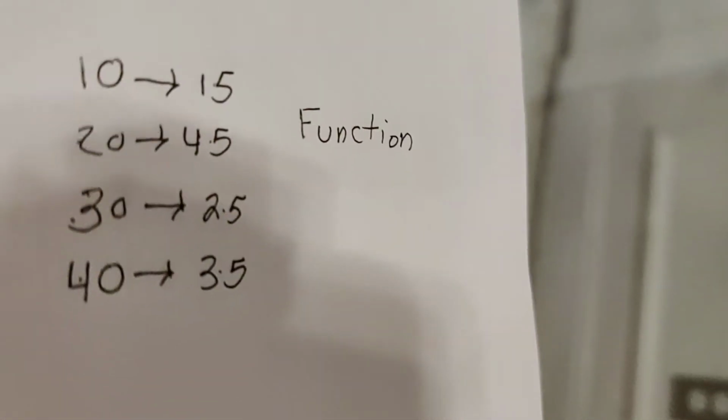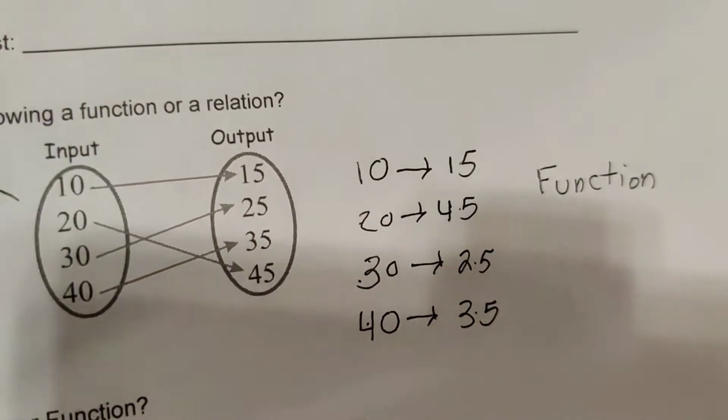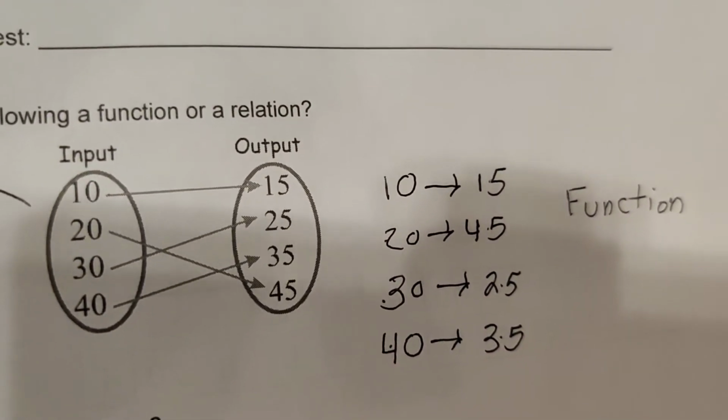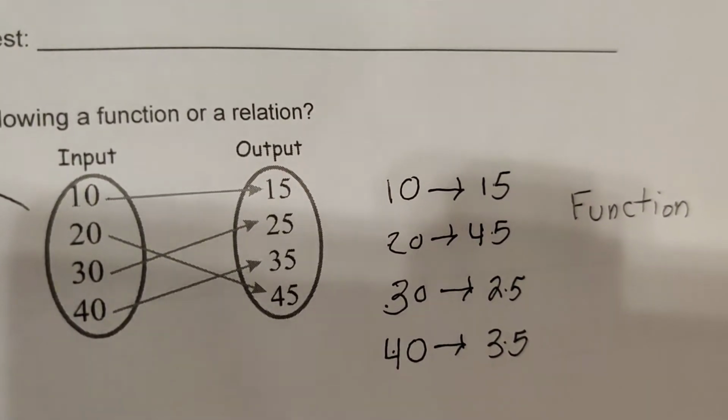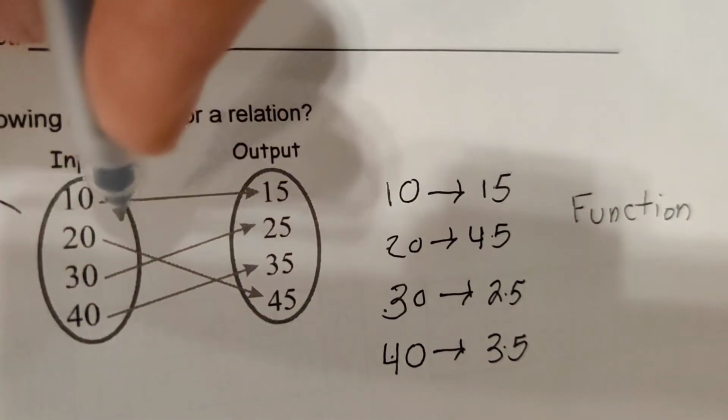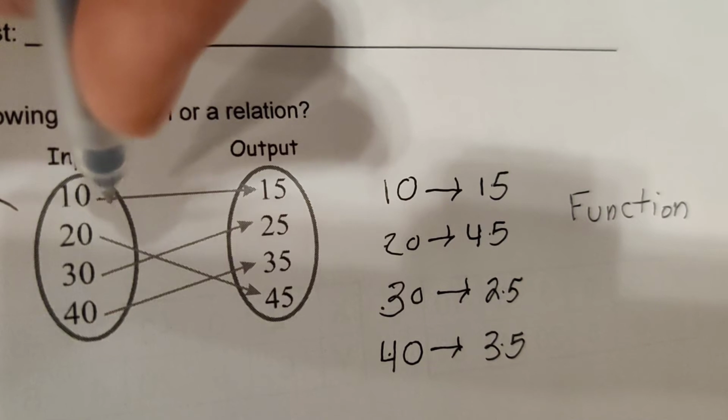Function. All right. Now, how would you have a scenario where an input would have more than one output? Well, let's say the 10, for example, was also connected to the 25. You don't have to write this down, but I just want to show you.